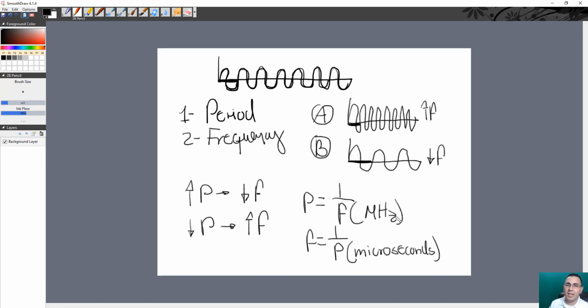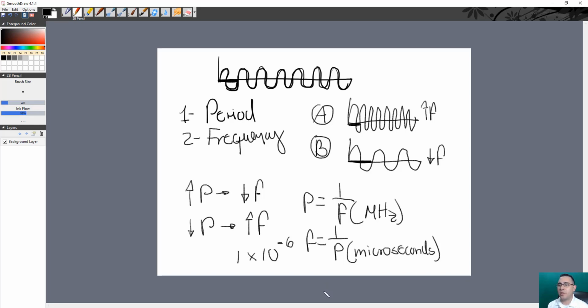And those cycles last for such a short period of time that we prefer to use microseconds, which is 10 to the negative 6th, or 1 times 10 to the minus 6 seconds. It's a pretty small time.